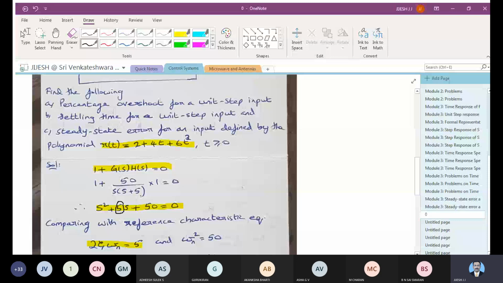From this you can calculate omega n: omega n is equal to root of 50. Substitute omega n in the other equation to get zeta. So you can find omega n as well as zeta. Try to find omega n and zeta.